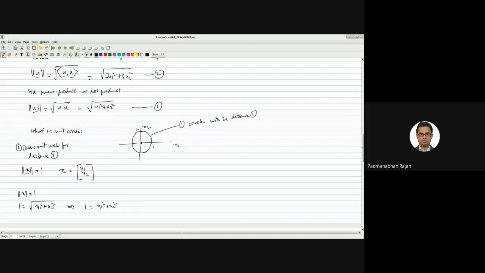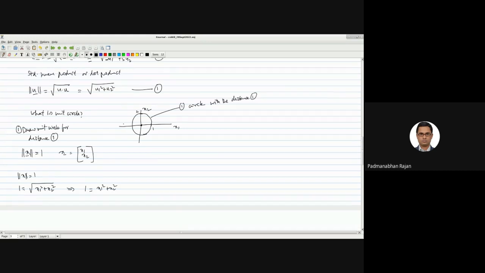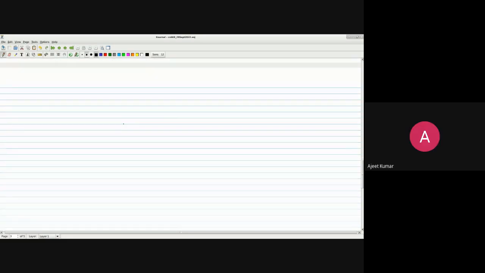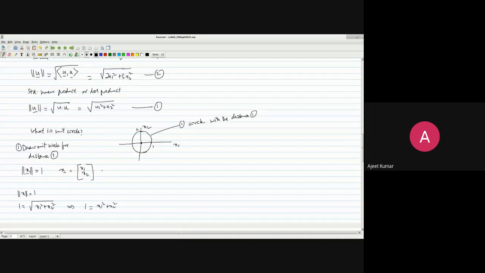How will it look? Can somebody show me? It is an ellipse. Why is it an ellipse? Because in the x1 direction the intercept is 0.5, and in x2 the intercept is 0.33.